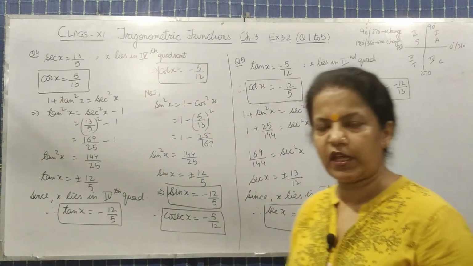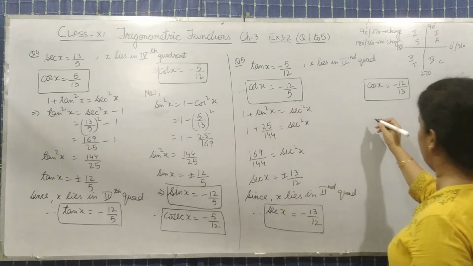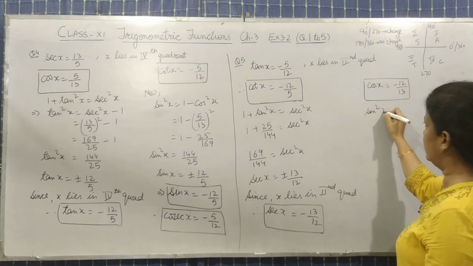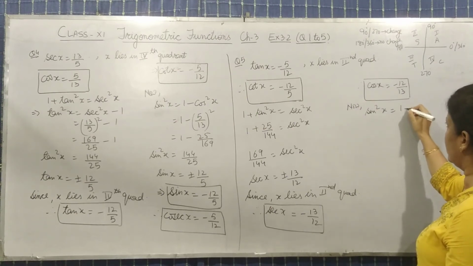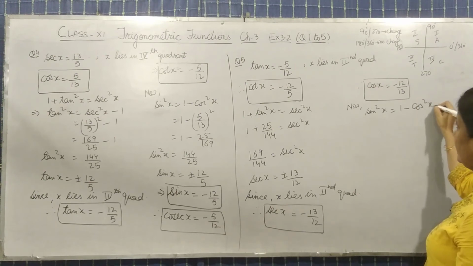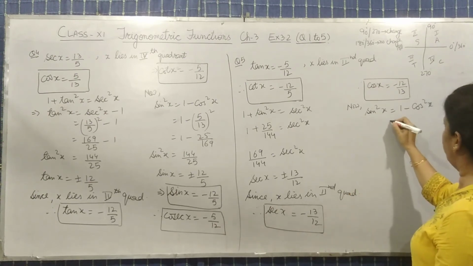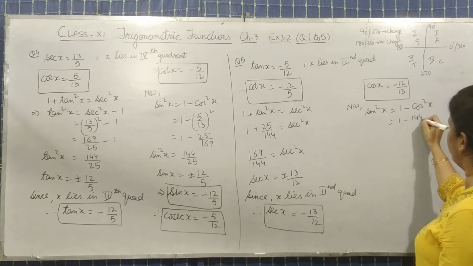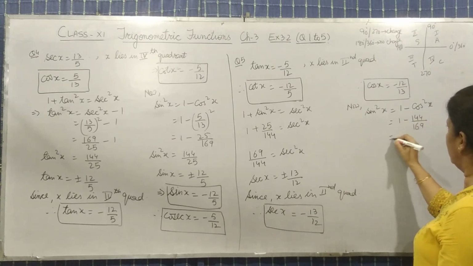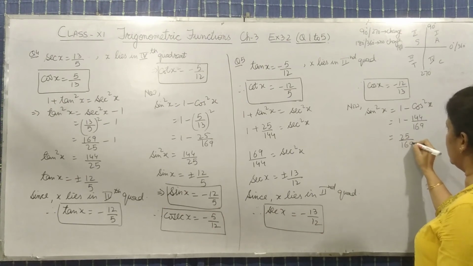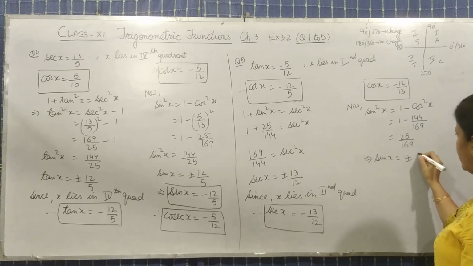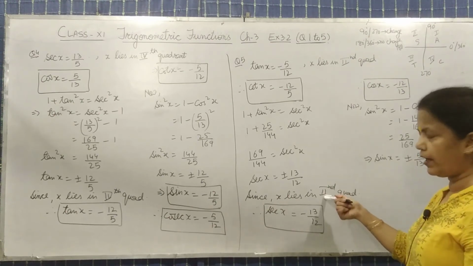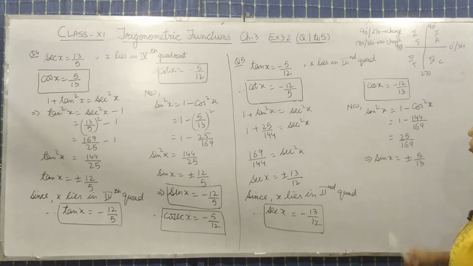So how will you find out sin x? By using this concept, sin square x. Now use the next identity. Sin square x is 1 minus cos square x. Okay, so it will be 1 minus 144 upon 169, 25/169. So this implies sin x will be plus minus 5/13. Now since it lies in second quadrant, sin is positive.